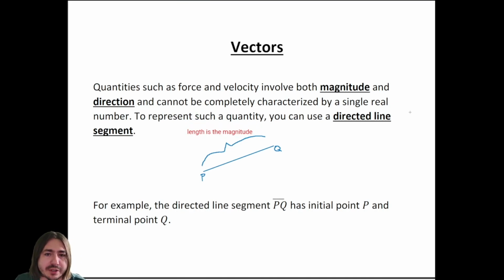The way that we notate that direction is with a little arrow. So this directed line segment is saying that the vector starts at point P and ends at point Q. This is the initial point and the terminal point.